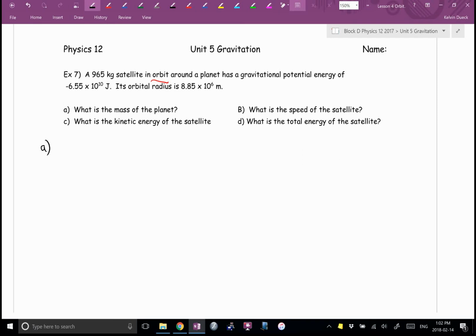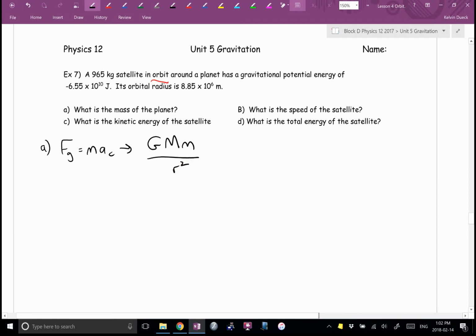You know what? The first thing I'm going to try, gravity, is what's pulling me. And I'm going to use cosmic gravity because we're in orbit. Big G, big M, little m over r squared.